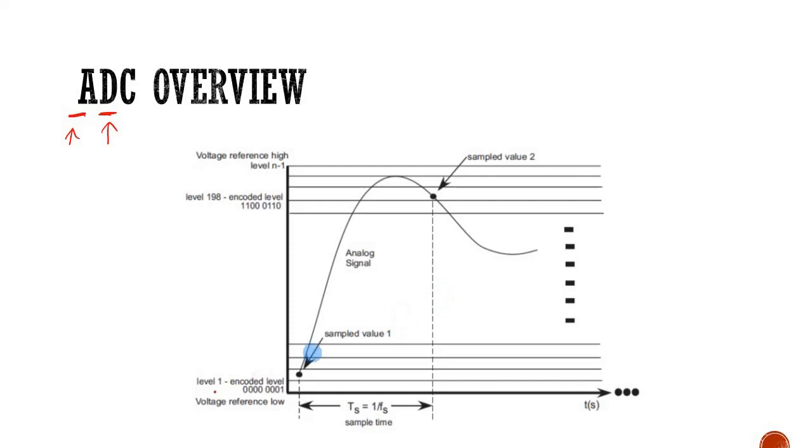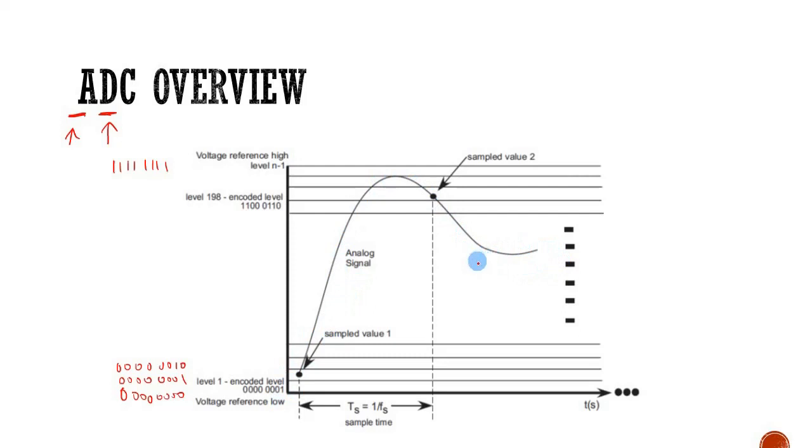If I say that the lowest value is 00000000, the next higher value will be 00000001, and so on, 00000010, all the way to the topmost. If I say I have an 8-bit ADC, then the highest value will be 11111111. So what we need to do is convert a continuously changing analog signal to a digital equivalent.